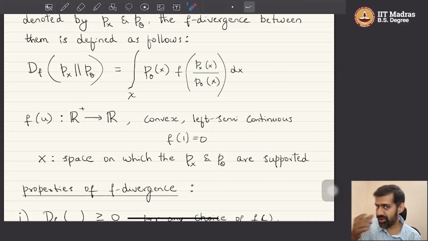Now, putting all the pieces together, all we need to do is somehow represent the F divergence in terms of expectations involving p theta and px. If we can do that, then perhaps we can use the samples from p theta and px, which we already have access to, to compute and optimize the F divergence. So, that is the goal.